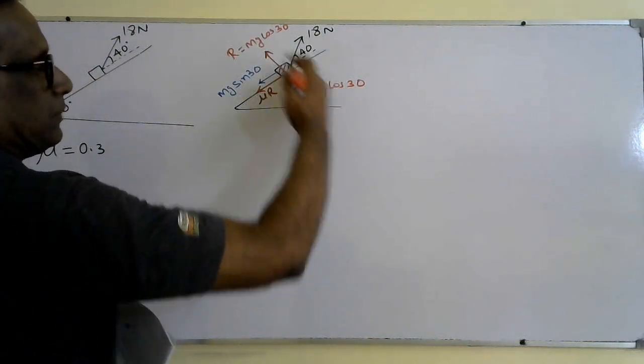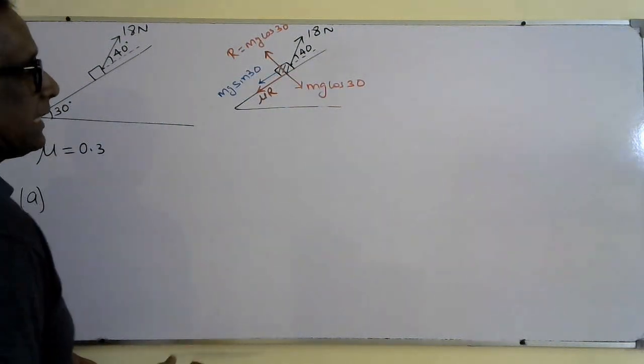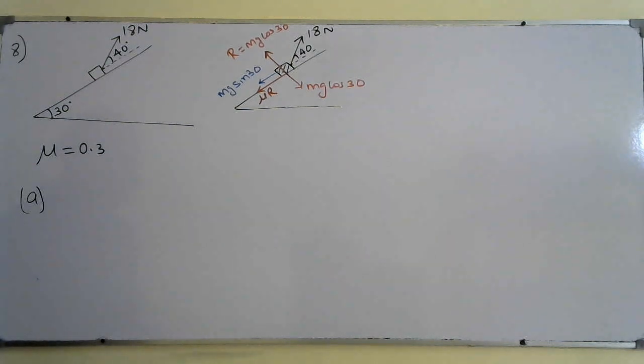There is no motion perpendicular to the slope. Okay, so these are the only forces acting on it.